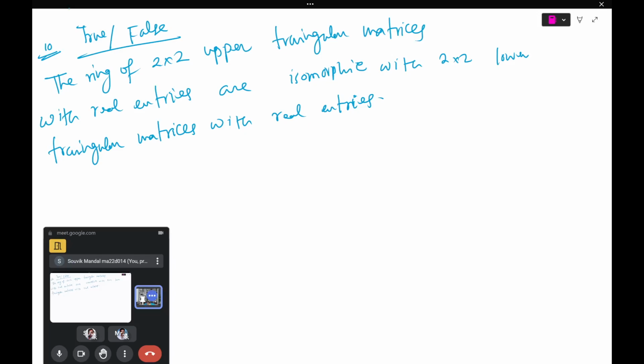Is it true or false? Obviously, I hope you can guess the answer, but first verify the answer, then please let me know.